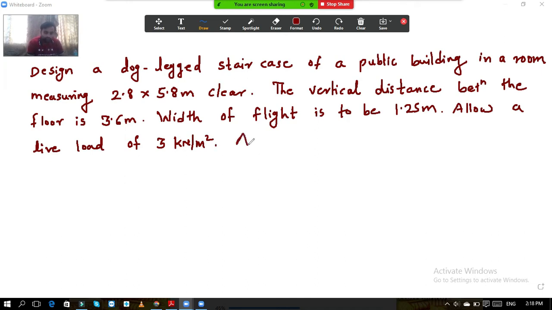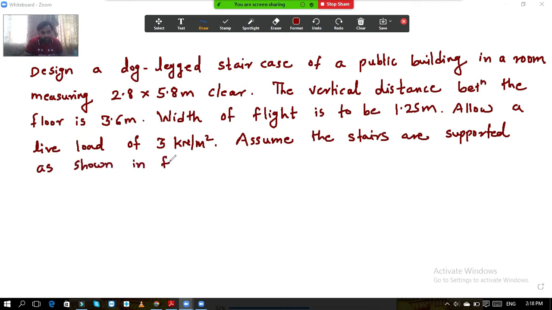The stairs are supported as shown in figure.